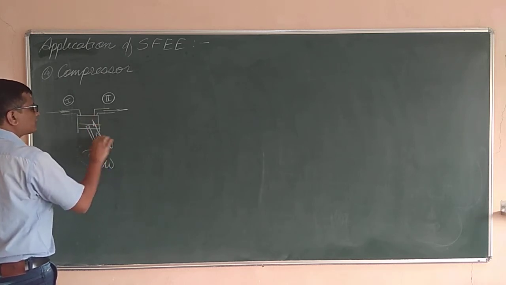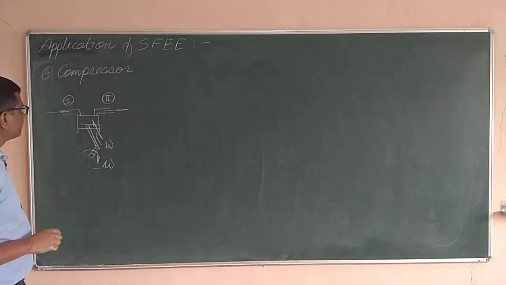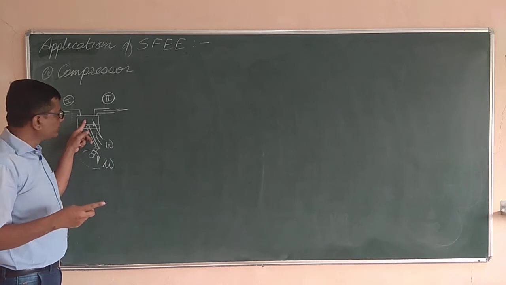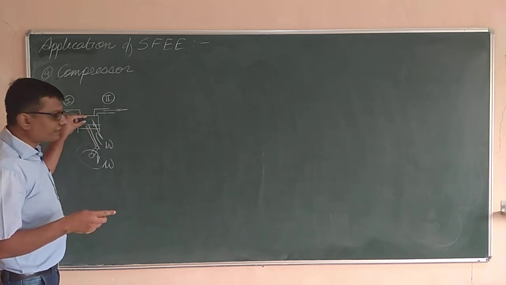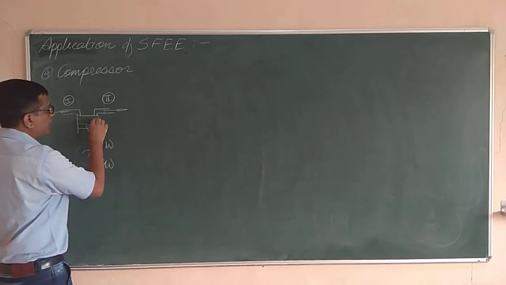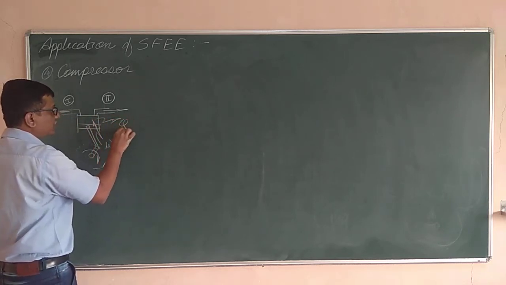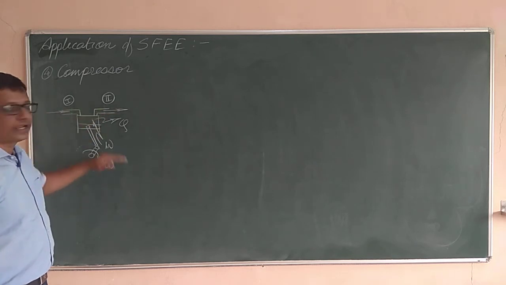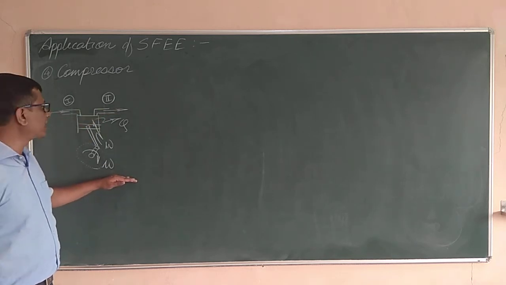Work is transferred to the working substance, first thing. Second thing, while the air is compressed, the temperature of the air will increase, and as the temperature increases, it will start to transfer heat to the surroundings. So heat transfer is also present there. Whereas the potential head and the velocity head are almost the same, so they can be cancelled out.